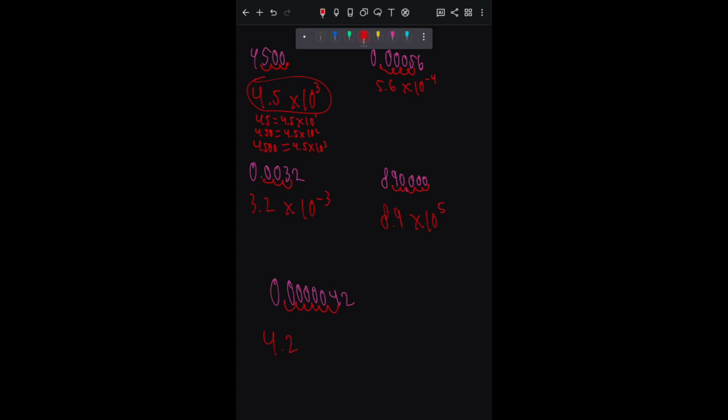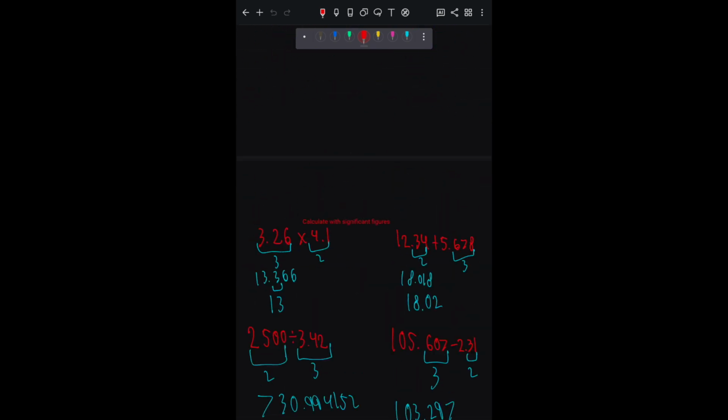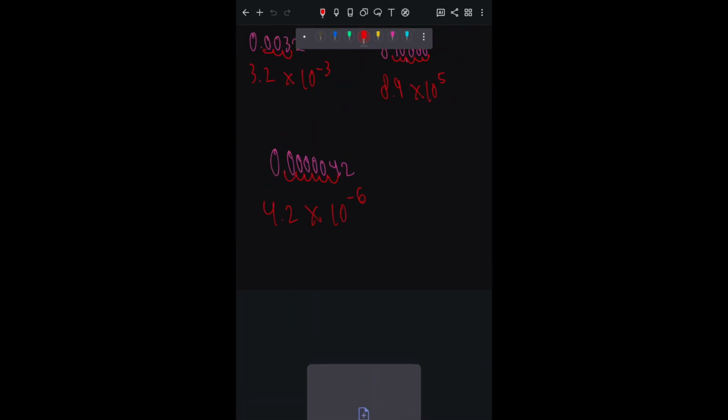It's always by 10 with scientific notation, and you just move the decimal the exact number of times: 1, 2, 3, 4, 5, 6, so times 10 to the negative 6, and there you go. That's it. This is really easy. It will get easier, I promise.